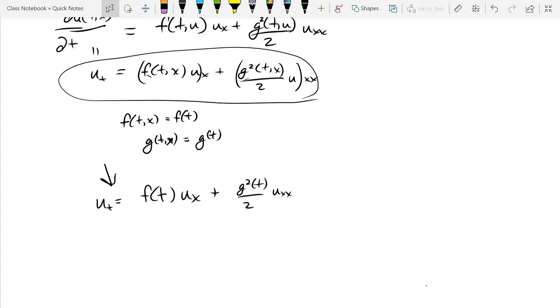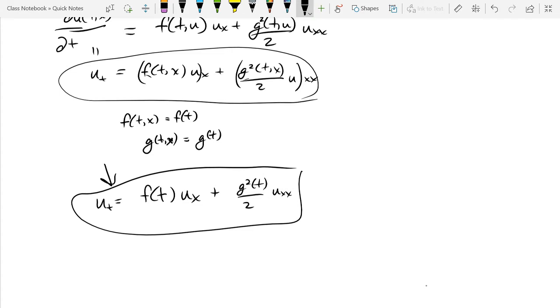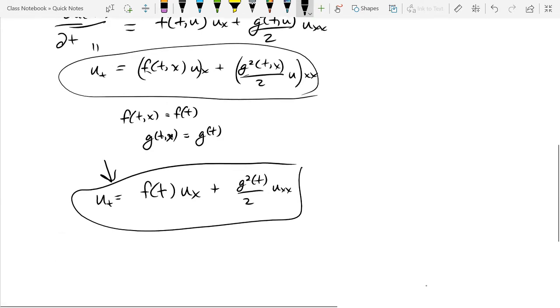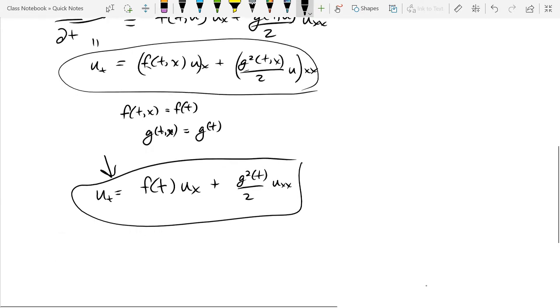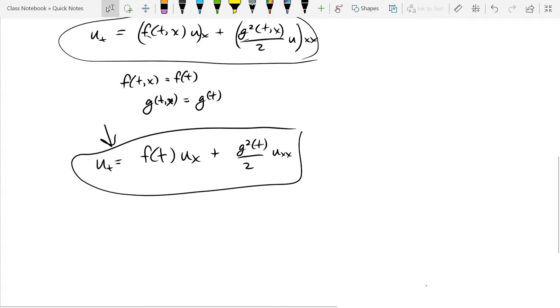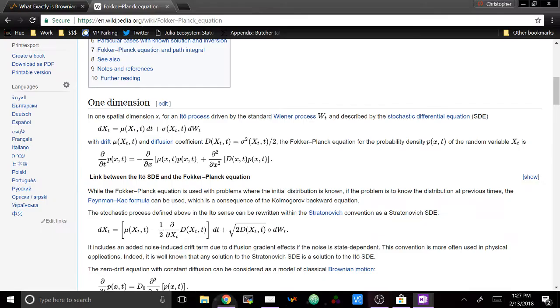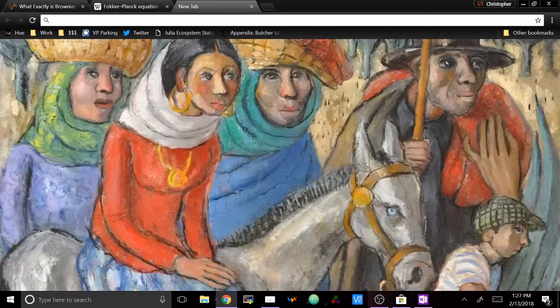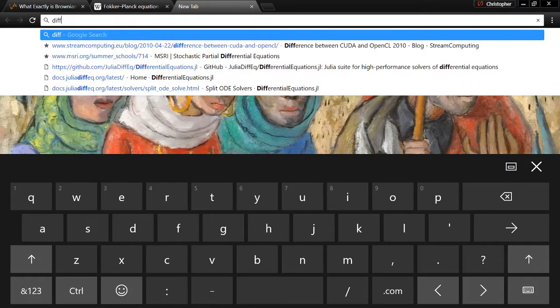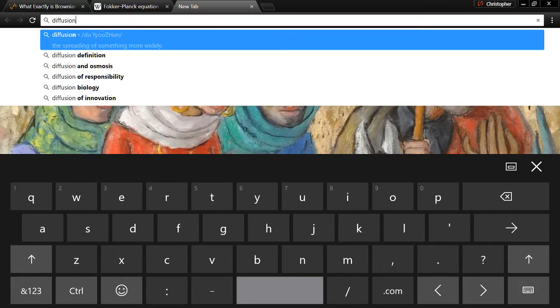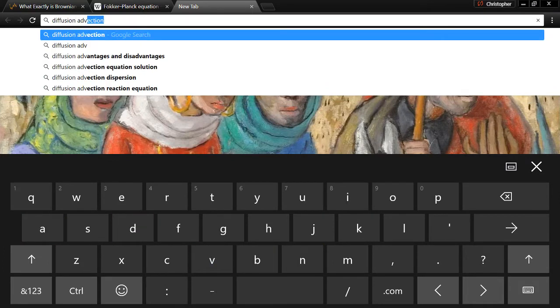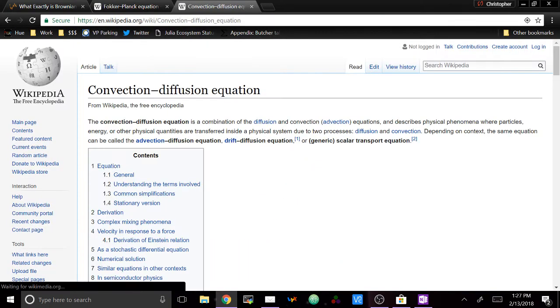So the reason why this is important is that this equation is the mixture of two very famous sub-equations. So if you go look up the diffusion advection equation, also known as convection diffusion.